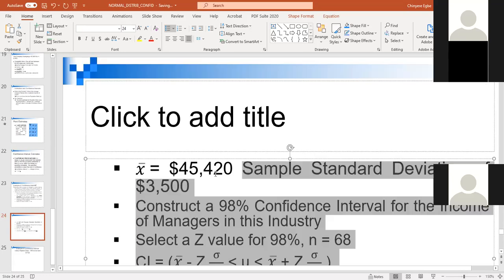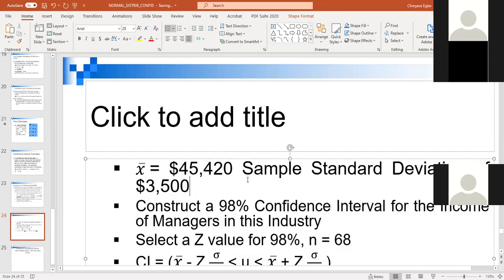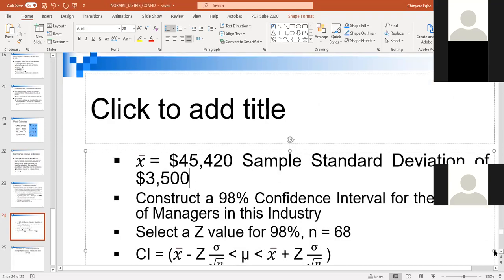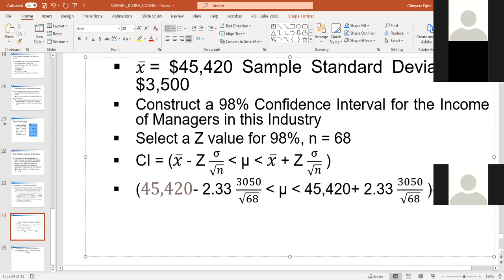So now somebody do the math. All right. So can somebody do the math?